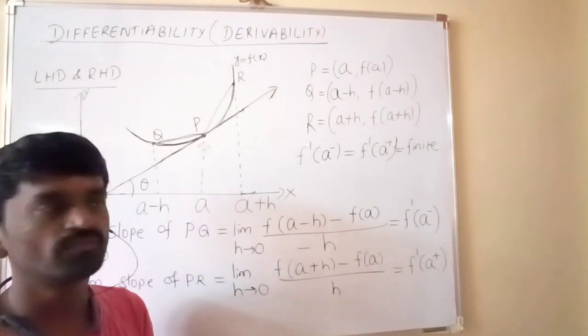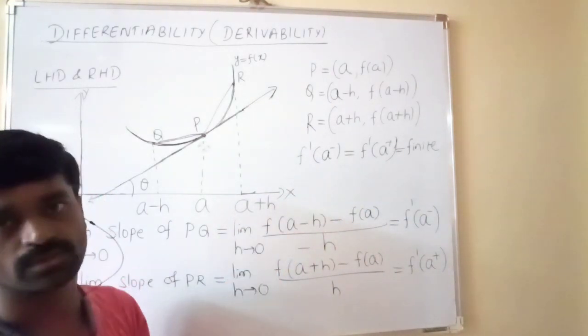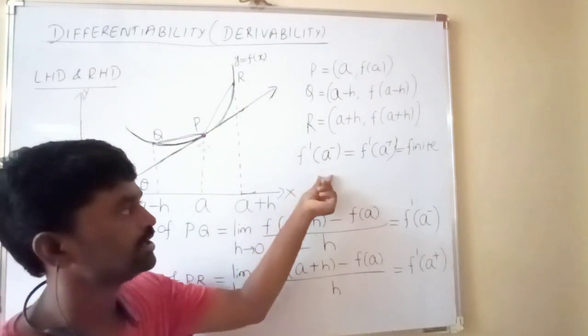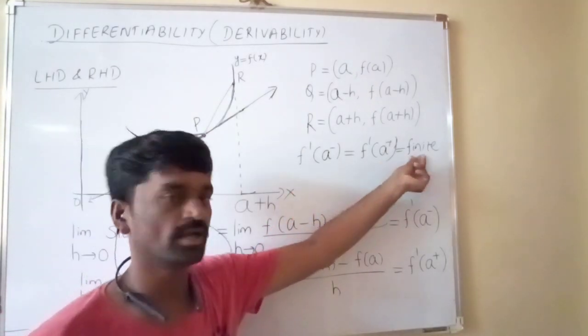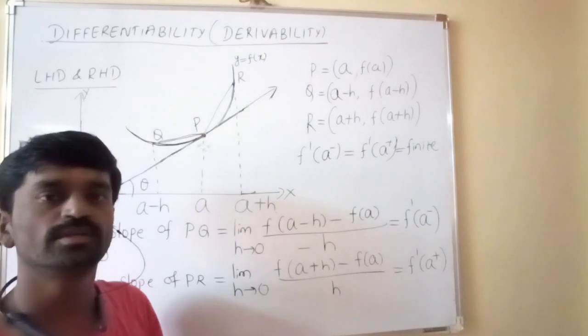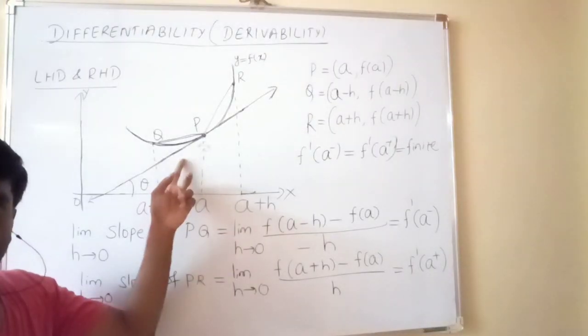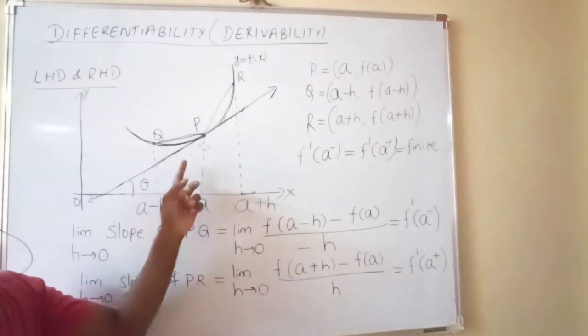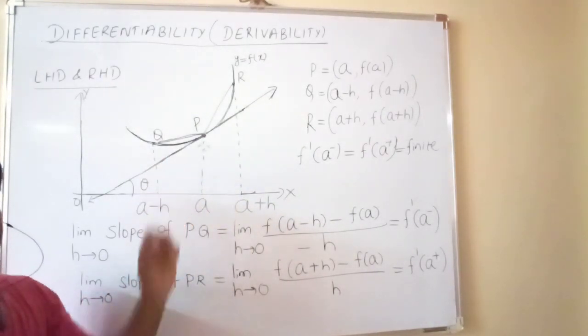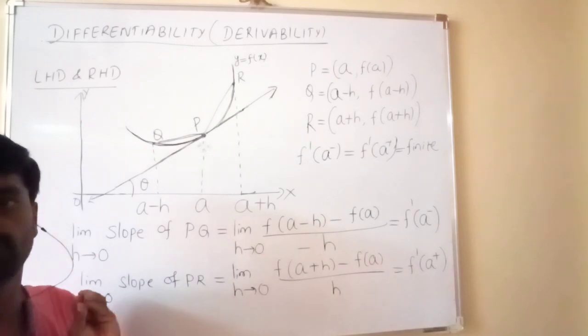That means if the left hand derivative is equal to the right hand derivative, equal to a finite value, then f is differentiable at x is equal to a, and it is possible to draw a unique tangent at P having finite slope.